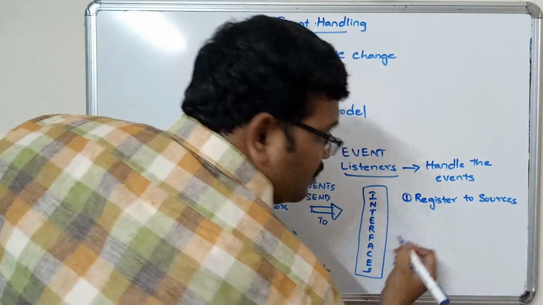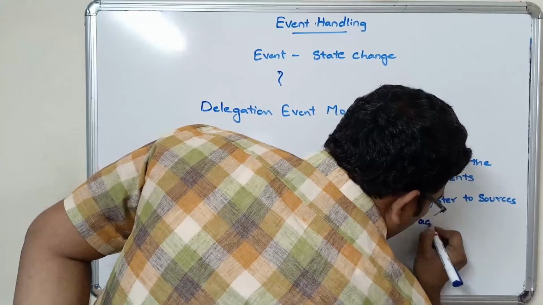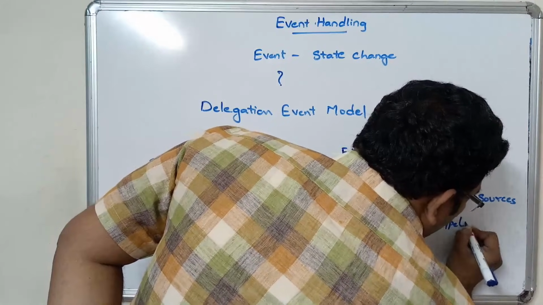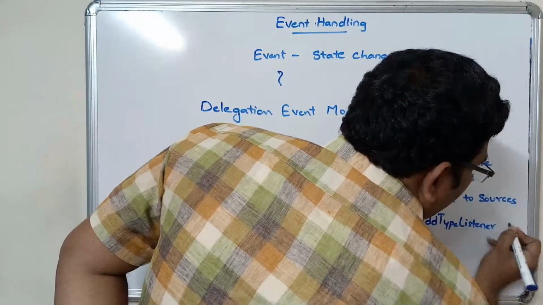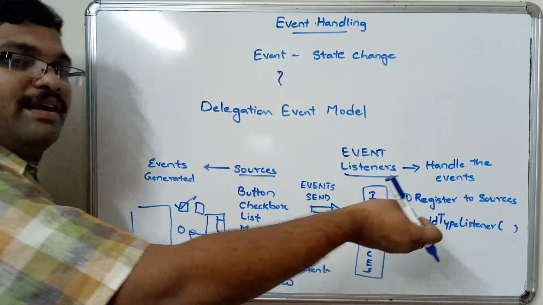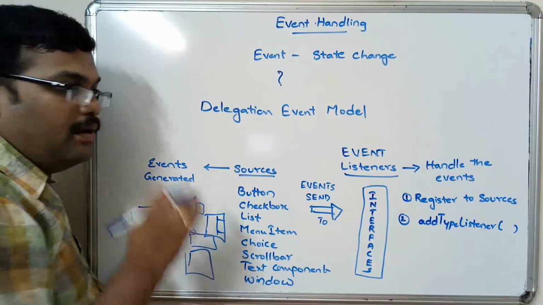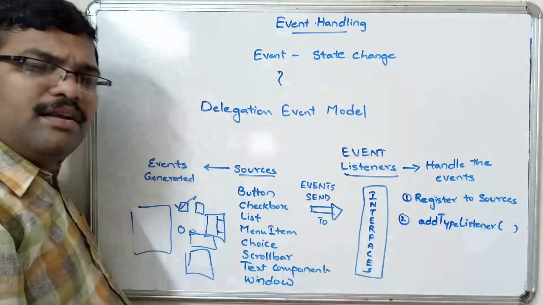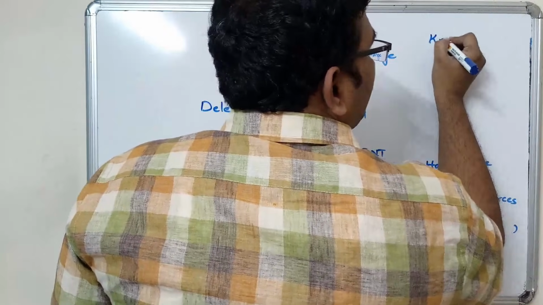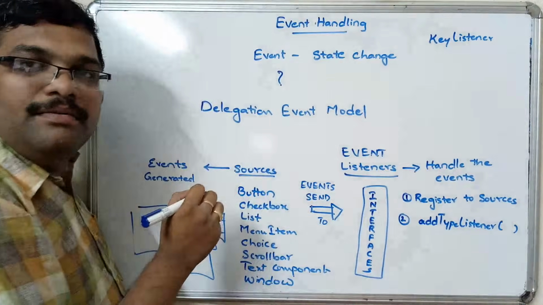So for registration, the syntax is add type listener. This is used to register the listener interface to the sources, right? So there are different listener interfaces. So if it is key listener, right?